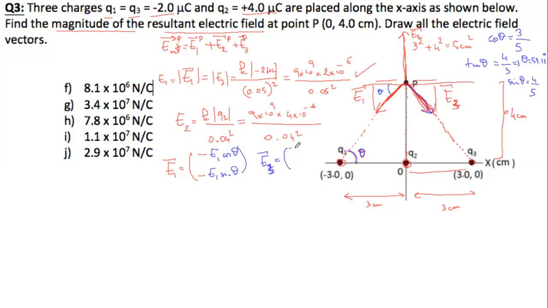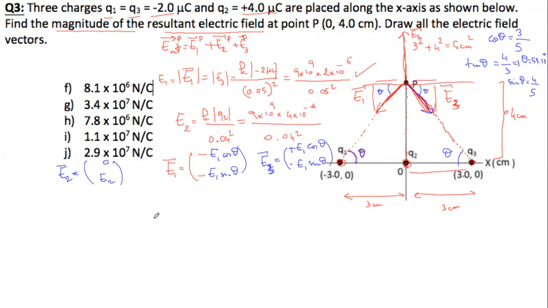It's positive along X, and it will be equal to the magnitude of E1, which is the same as E3, cosine the angle theta. This angle theta is the same as this angle. And along Y, it will be minus E1 sine theta. What about now E2? Well, E2 is 0 along X, and along Y it's just the magnitude of E2.